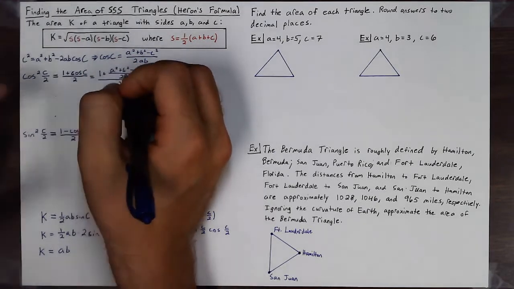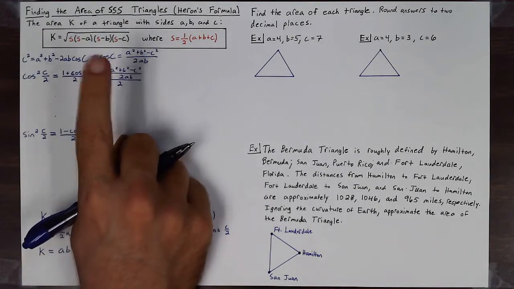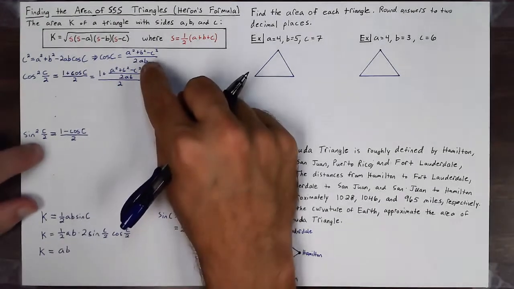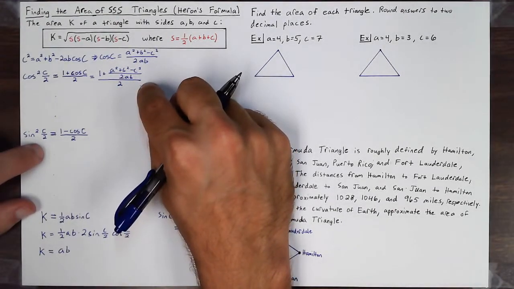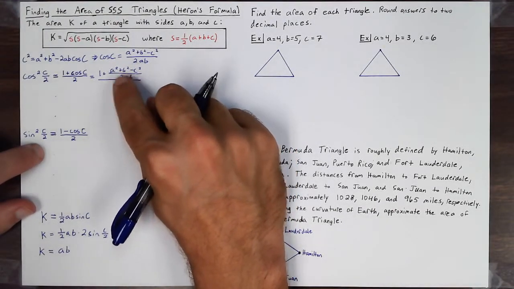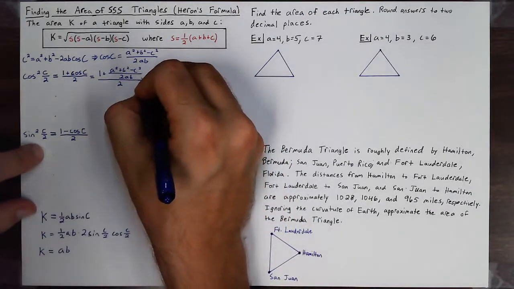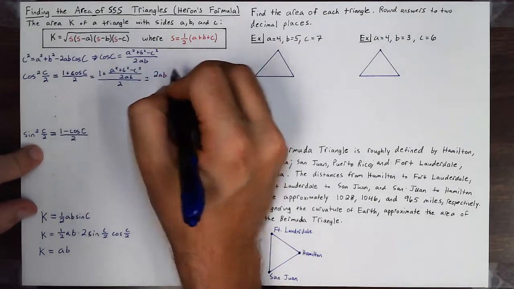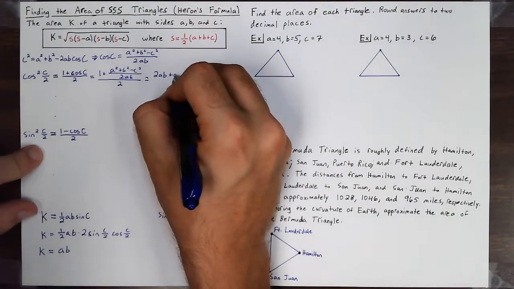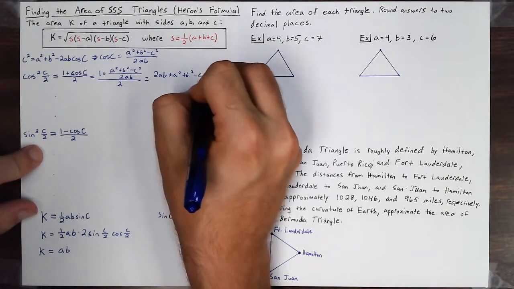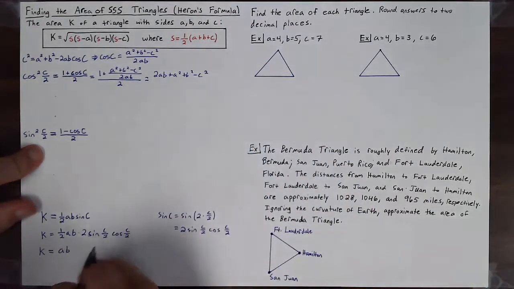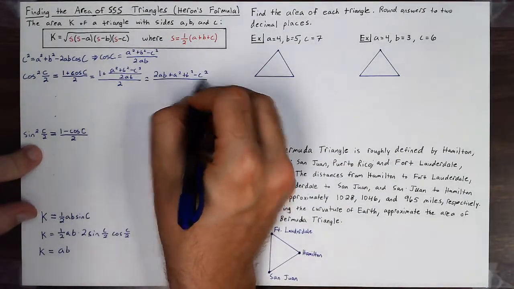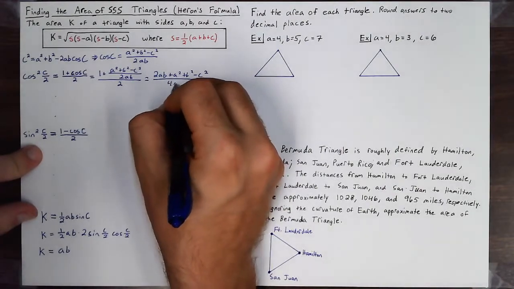And now I want to go about simplifying this fraction. So first I'll multiply the numerator and denominator of the big fraction by 2ab to eliminate the complex fraction. That leaves me with 2ab times 1, which is 2ab, plus a squared plus b squared minus c squared, all over 2ab times 2, which is 4ab.